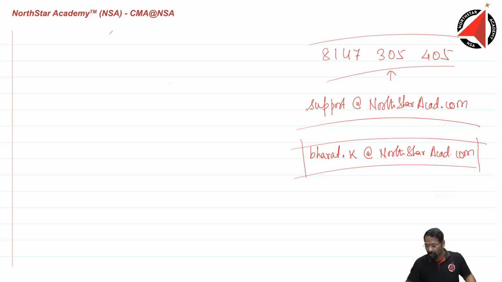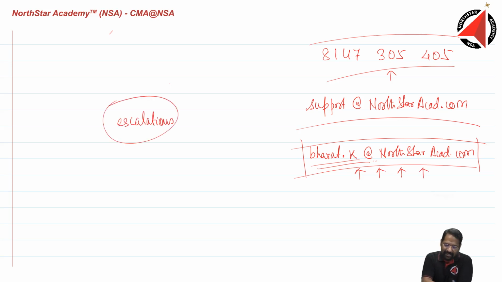Please, I have told you, whenever you email them, please escalate it to bharat.k. In case your email does not get through, I will create a separate mail ID for escalations.